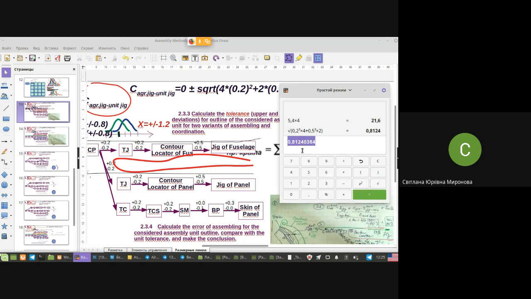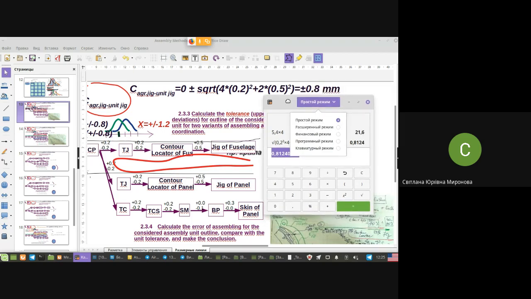And you should remember it's plus minus, as you might see, plus minus 0.81. Exactly like it was calculated here. We have rounded it to the first decimal, plus minus 0.8. And what is it? It's the difference between the jig of the aggregate and the jig of the unit. What next? Next, we need to refer to the technical instruction of the aggregate. As you are working here with the fuselage and panel, it comes to the instruction for the fuselage.